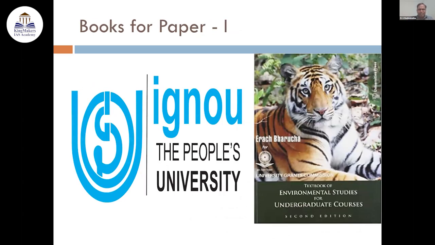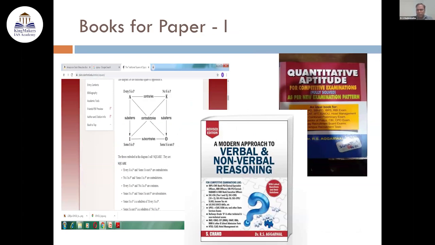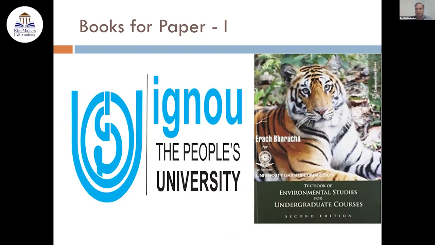And these are the basic books, which you may be aware of. For environment, since you are in, let's say, UPSC coaching, taking from Kingmakers, you may have access to certain materials like environmental notes. But even if you stick to one book for UGC NET paper 1, it will help you.